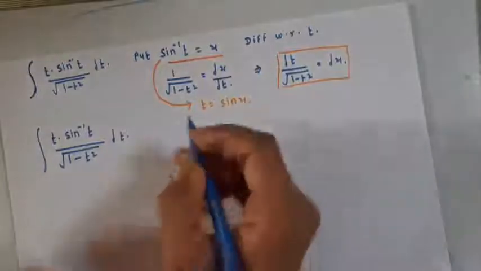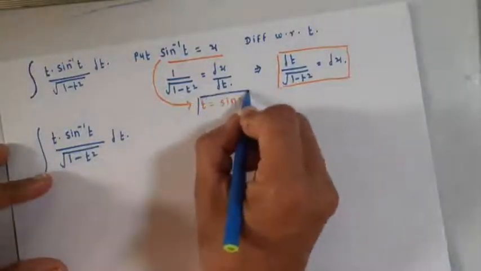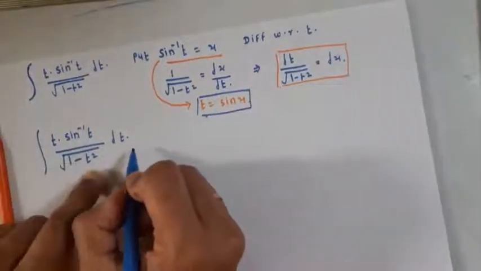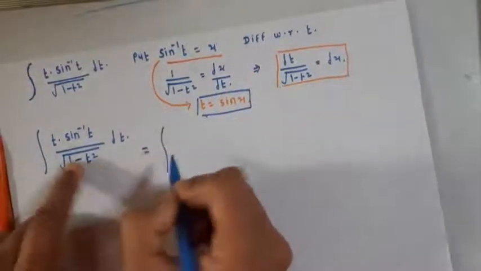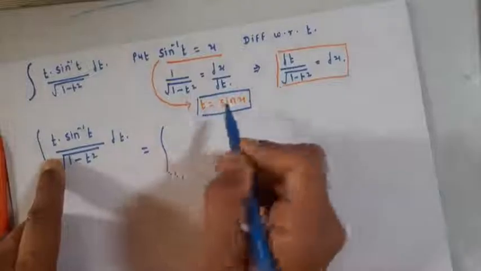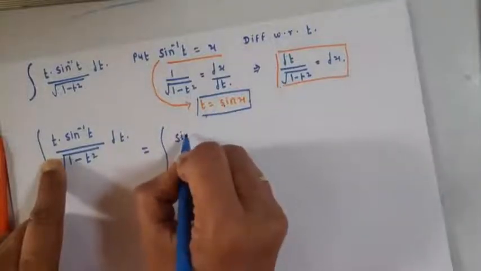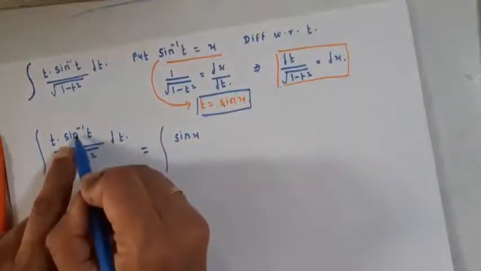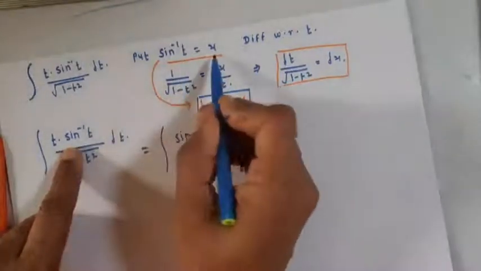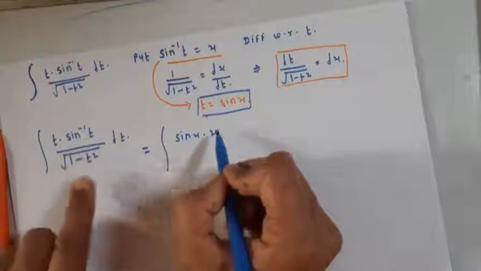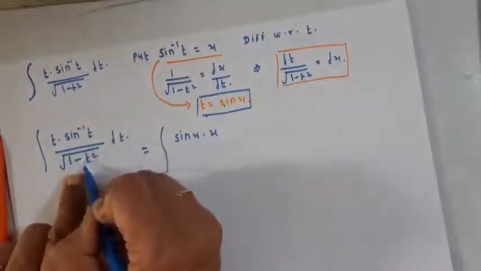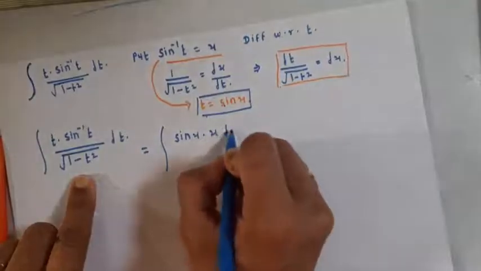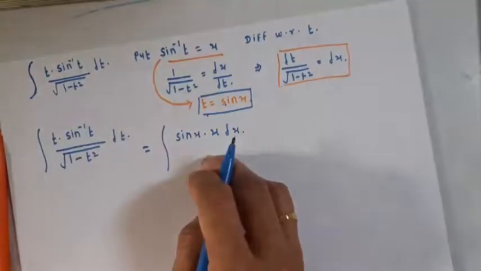So in this integration the value of t is sine x, sine inverse of t is x, and dt upon square root of 1 minus t square is dx.